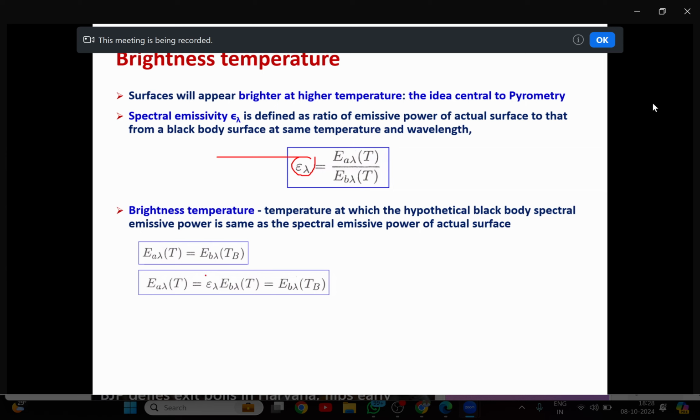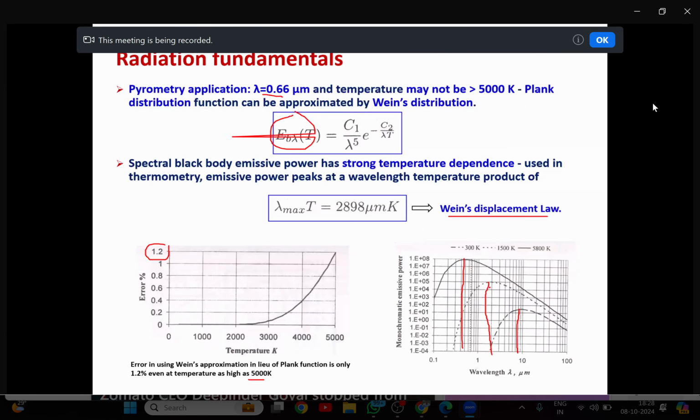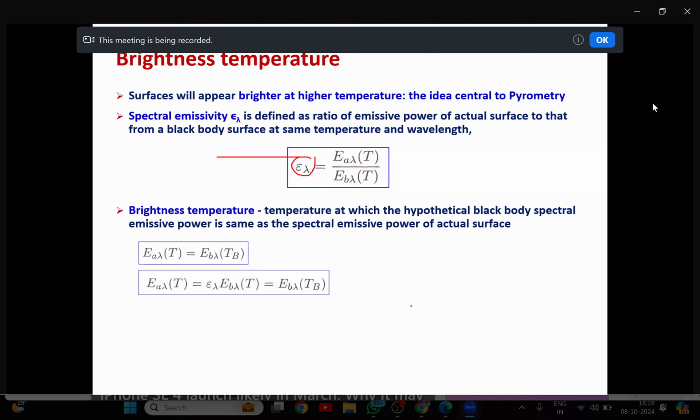Since emissive power increases with temperature, as we have seen from this plot, there is a direct correlation between temperature and emissive power.